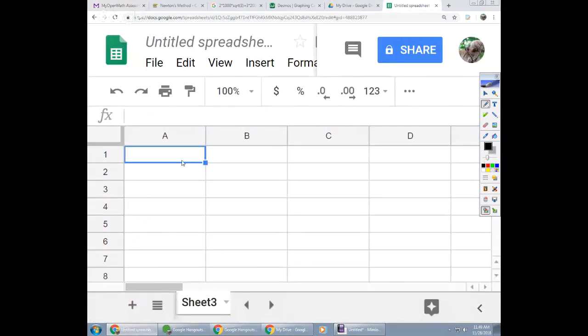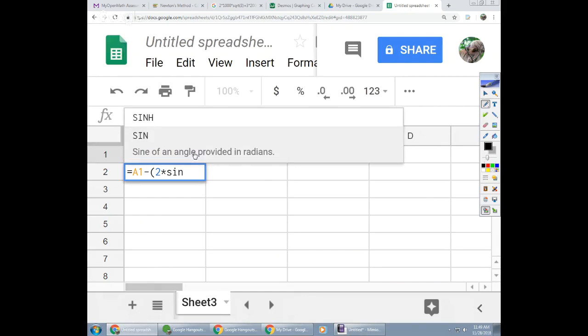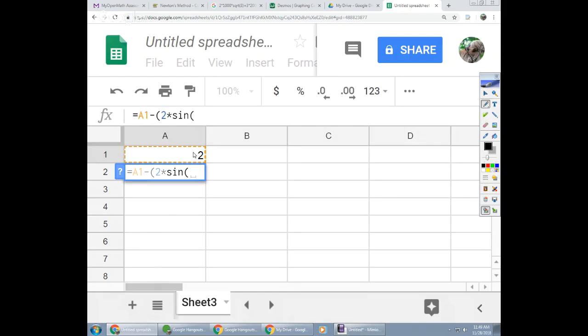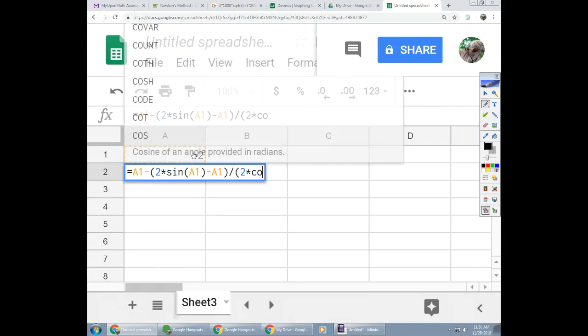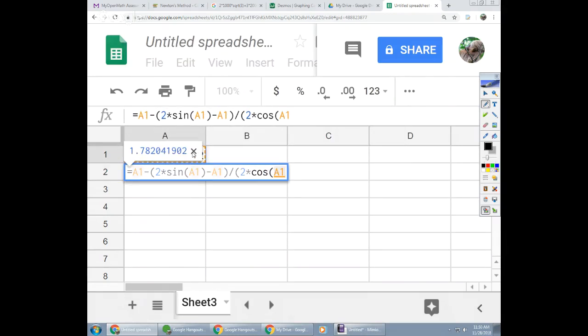So in a new sheet, put the first guess at the top, and then under that just type equals, and every time you need an x, just click on the cell above. Minus, here I need parentheses, then twice the sine, and it does have the sine, and it only works in radians, notice, which is good, of the x value, minus the x value, close the numerator, divide by parentheses for the denominator, twice the cosine of the x value, close the cosine, minus 1, close parentheses.